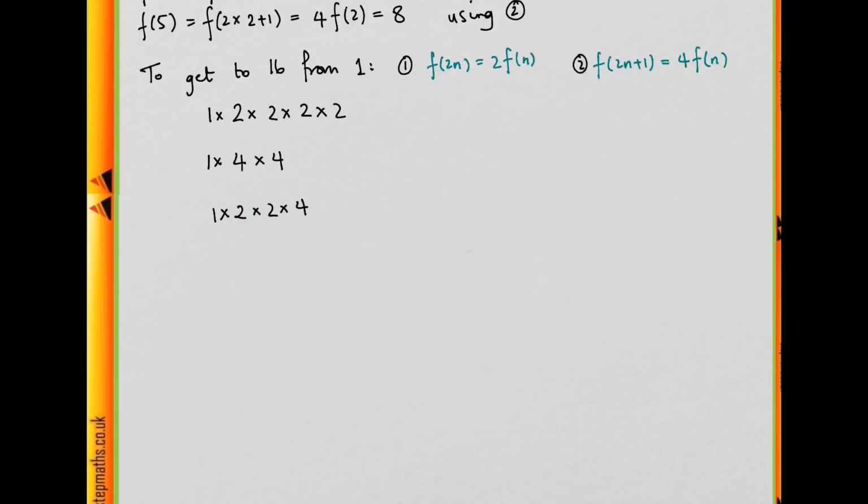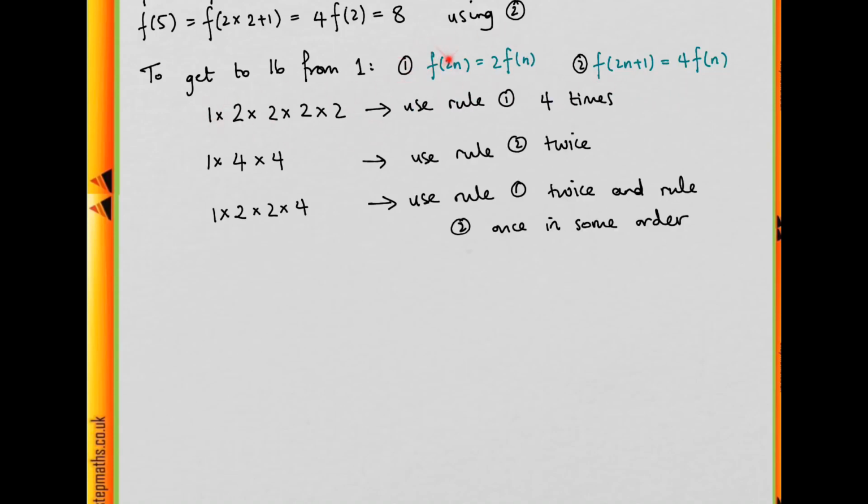If I remind you of the rules that we have, then this first one is equivalent to using rule 1 four times. The second one is equivalent to using rule 2 twice. And this last one, we're using rule 1 twice and rule 2 once in some order.